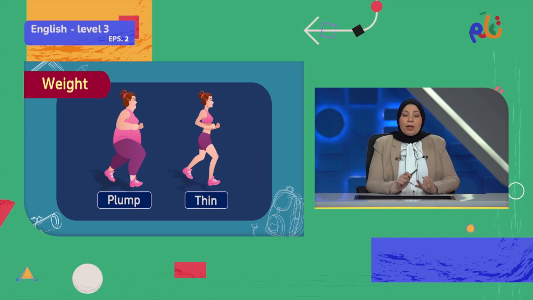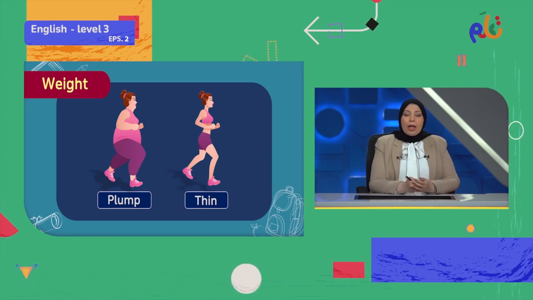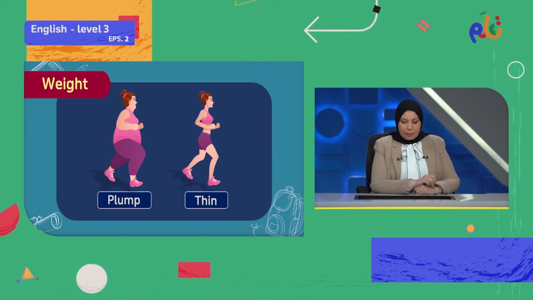And we have plump, we can say curvy, we can say chubby. These are a bit nicer than fat. So for weight, we have different words that can sound nice. We can use slim, we can use average, and we have plump.